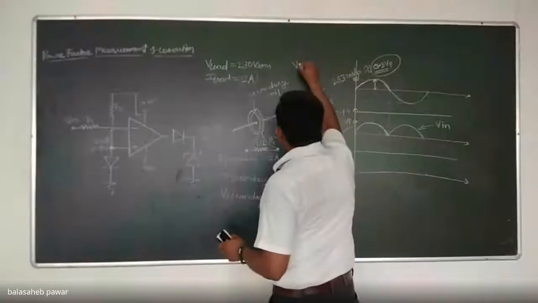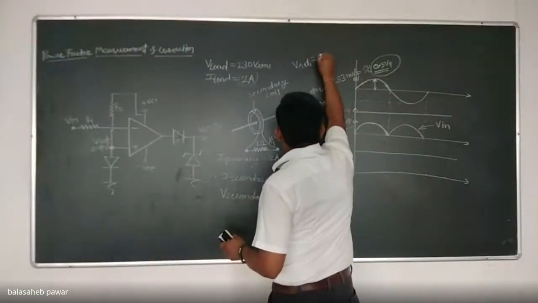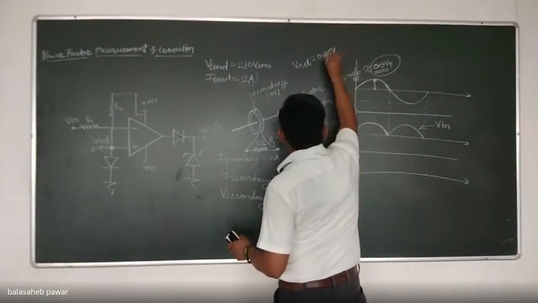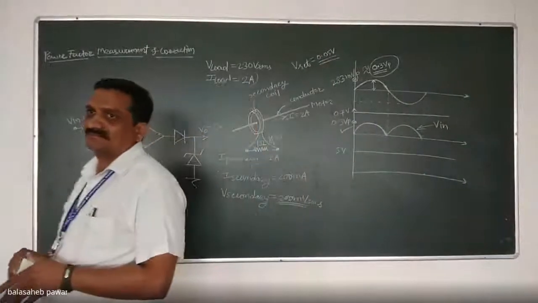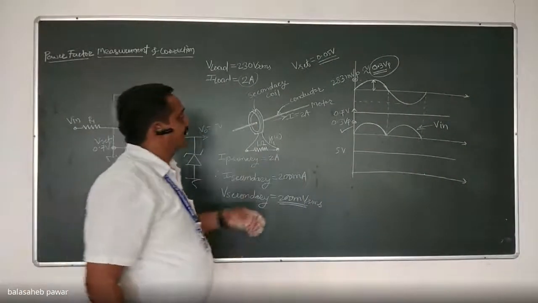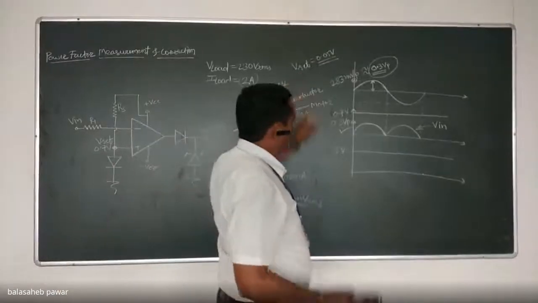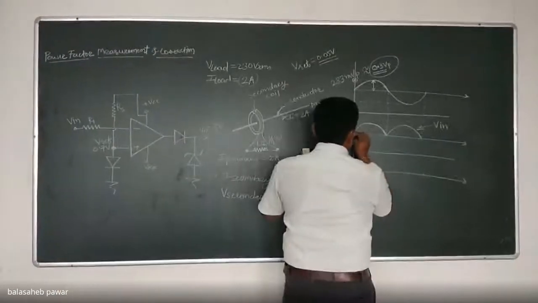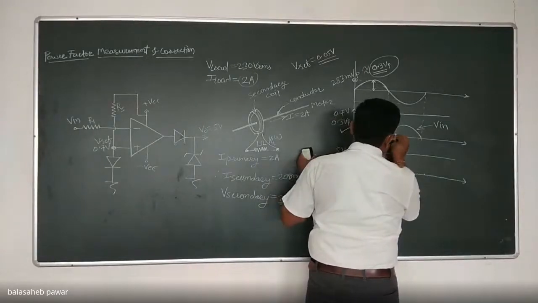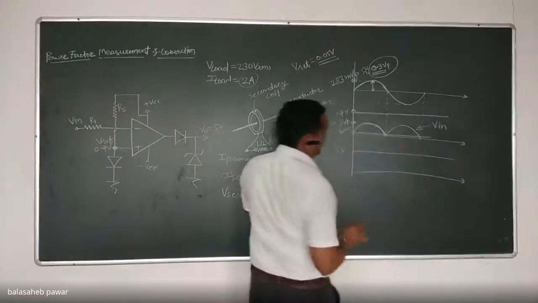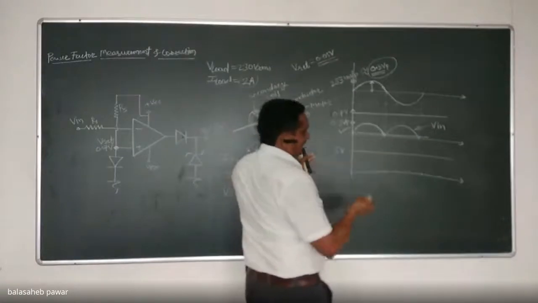Suppose my required V reference is 0.05 volts. Okay? 0.05 volts. That means I will overlap it over here. Is it visible? It is slightly above the x-axis.